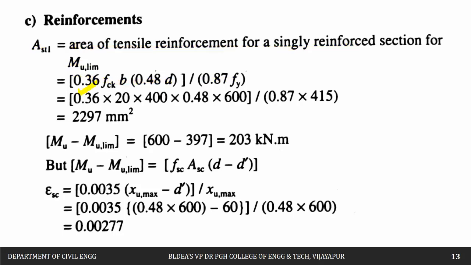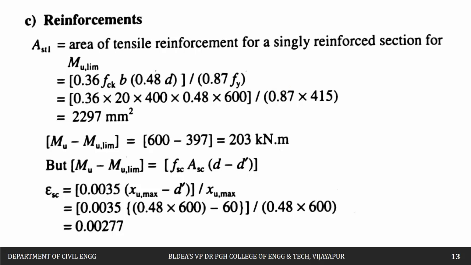So 0.36, FCK is 20, B is 400, 0.48 D, that is nothing but XU max, that is 0.48 of 600, divided by 0.87 into 415. Therefore AST1 will be equal to 2297 mm square.